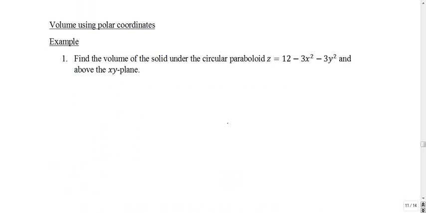All right, so let's look at some volume here. Good? Example. Find the volume under the circular paraboloid z equals 12 minus 3x squared minus 3y squared and above the xy plane.